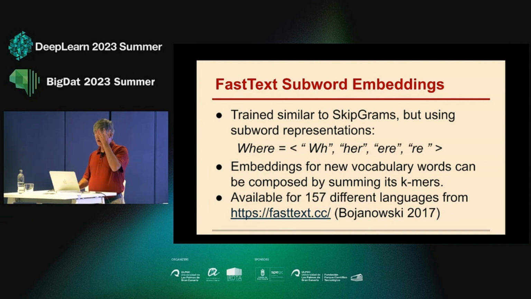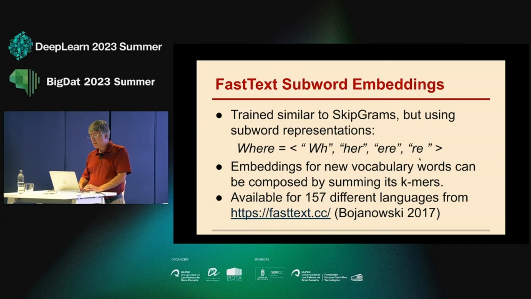That would give me a sense of what where means, okay? And this may sound dumb because I'm adding her, which would mean something in the middle of where as well as the pronoun her, okay?